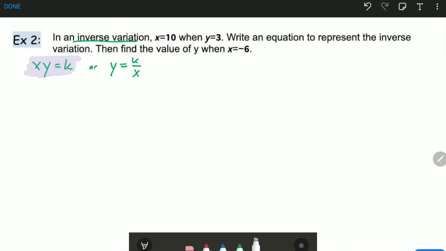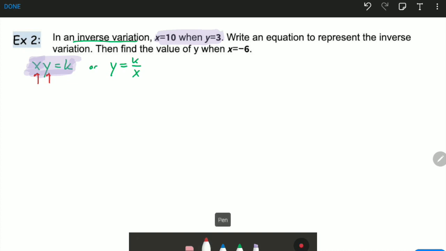As I go through and use this, typically these problems will have a complete set of information. In this case, a complete set of information would consist of having both x and y. So here is our completed set of information. It is the x and y that go together.